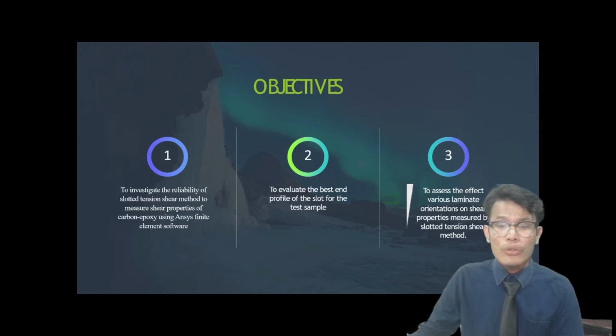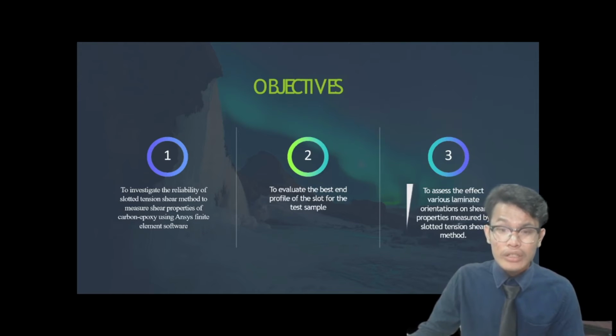As we know, with the technology right now, we can simulate the testing without doing it in the lab. This can help researchers cut the cost and be more time efficient. ANSYS software is among the best finite element analysis, or we call it FEA, to analyze the properties of material.